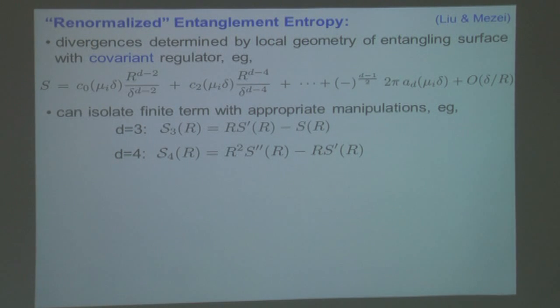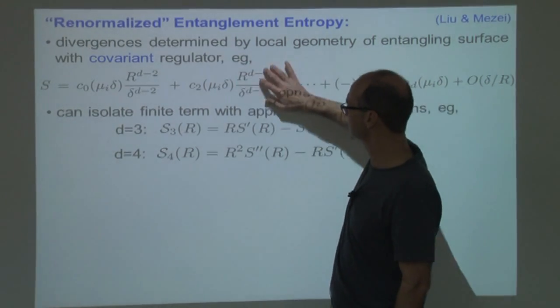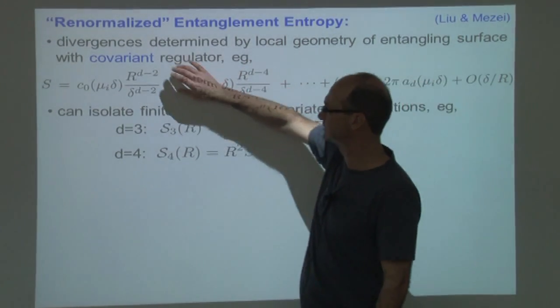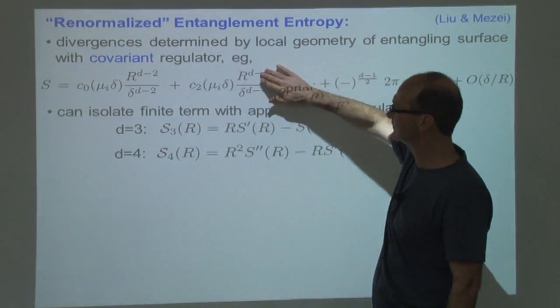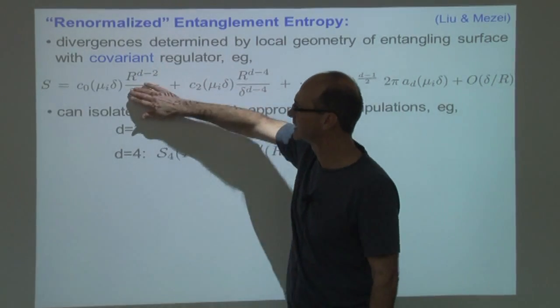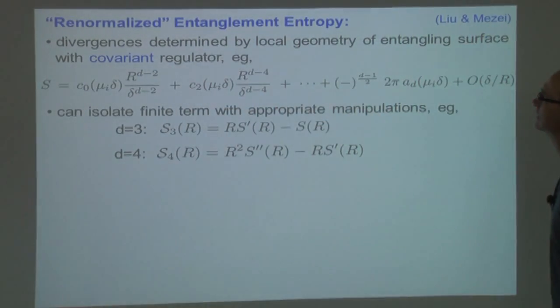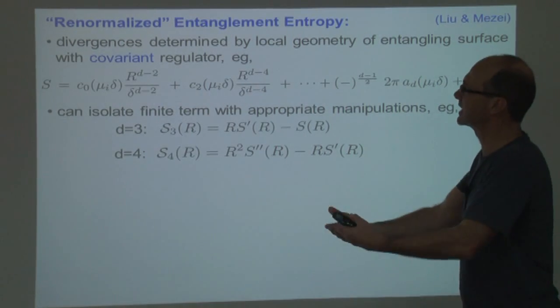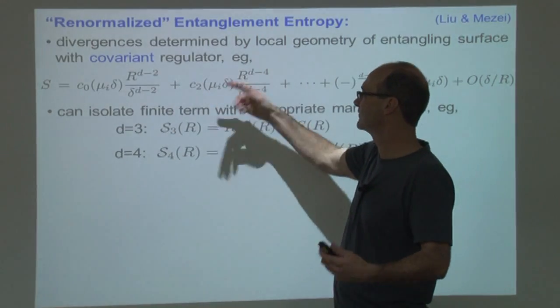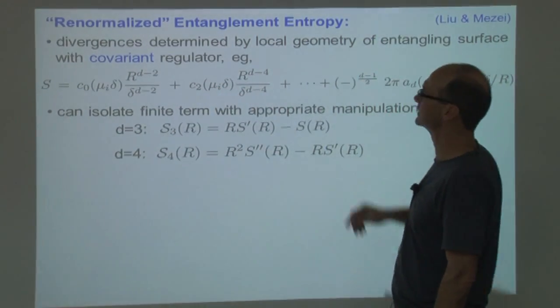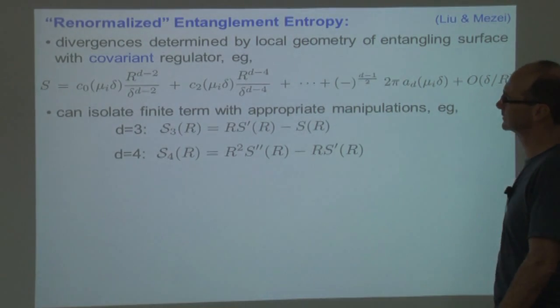But if I'm at some point in the middle of the RG flow, I should be able to organize things in terms of this sort of geometric expansion. Again, one of the things I emphasize is that this is all geometric stuff over the cutoff to some power. And all of the extra scales in the RG flows I can just by fiat absorb into various coefficients in my entanglement entropy.